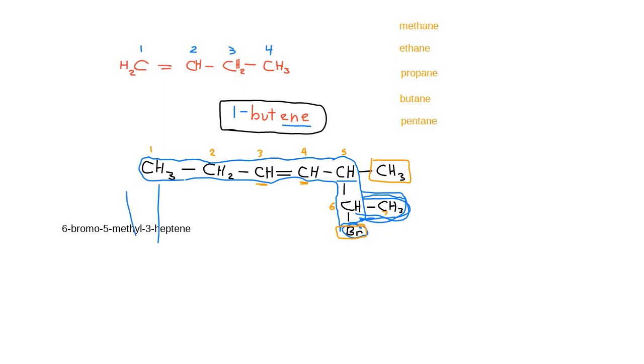Heptane is 7. Octane is 8. Nonane is 9. And then there's decane. And you won't be asked to do anything longer than decane. But those are the base 10.